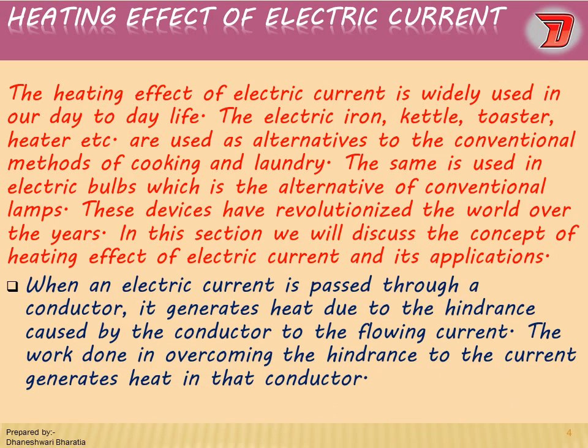When the electric current is passed through a conductor, it generates heat due to the hindrance, that is the resistance caused by the conductor to the flowing current. The work done in overcoming this hindrance to the current generates heat in that conductor. Now let's take an example that something is kept on your way.